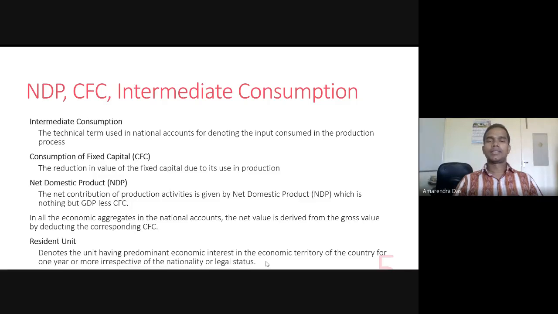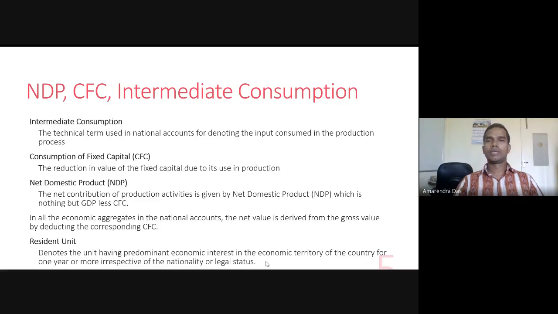But on the other hand, Indian producers who produce outside the country will not be included in the GDP of India. For example, Tata has acquired Corus. Now Tata is producing steel in another country, the UK. Similarly, Mittal is producing steel, because Mittal has acquired Arcelor, and Arcelor is in the European Union.